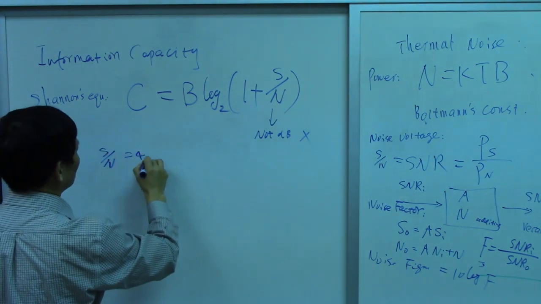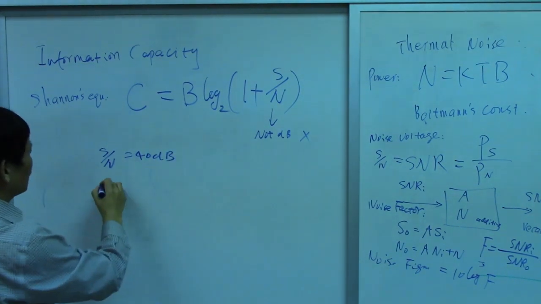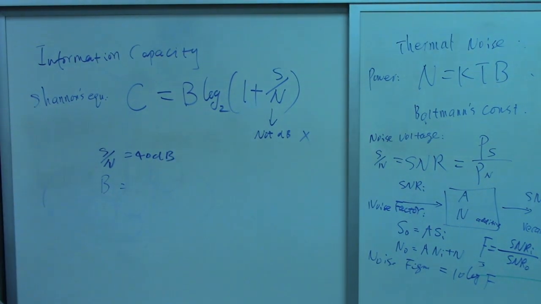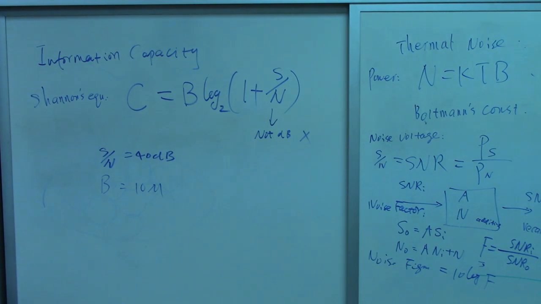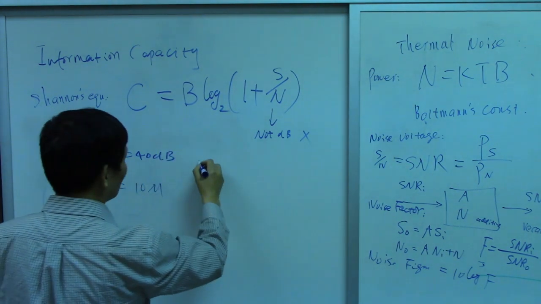Suppose it's 40 dB, and the bandwidth, I don't exactly know what the bandwidth of a cell phone is, but we consider a communication system, suppose equals 10 meg. Just made up some numbers. Now we know these two factors. What is the capacity? That means how many bits can we transmit in each second. Let's calculate.